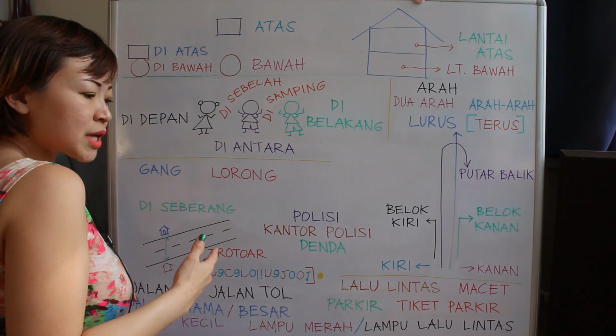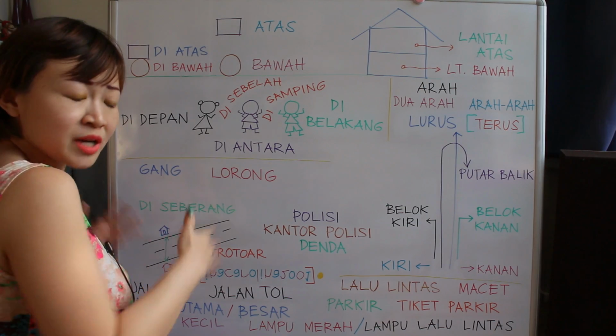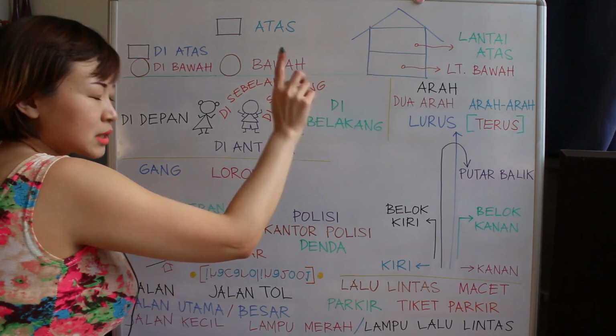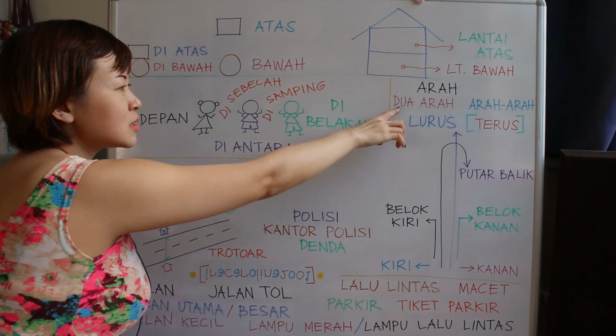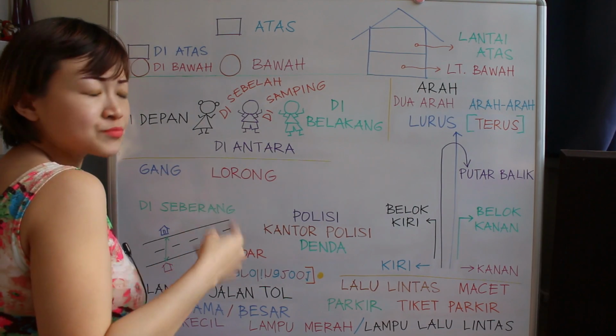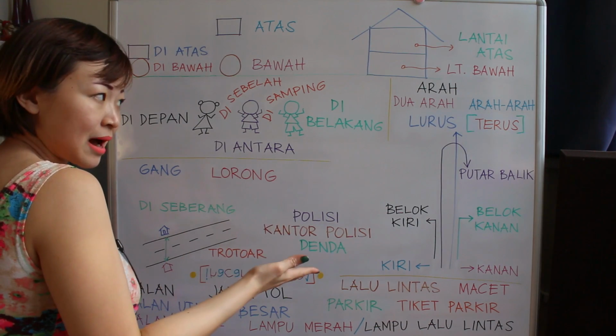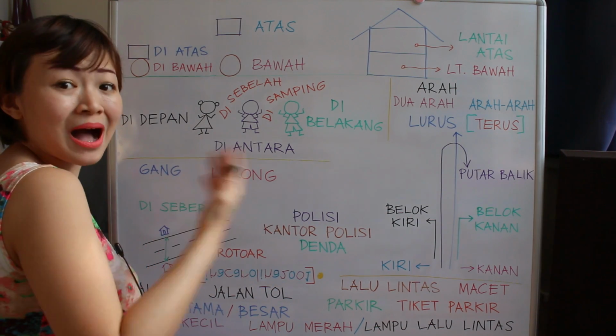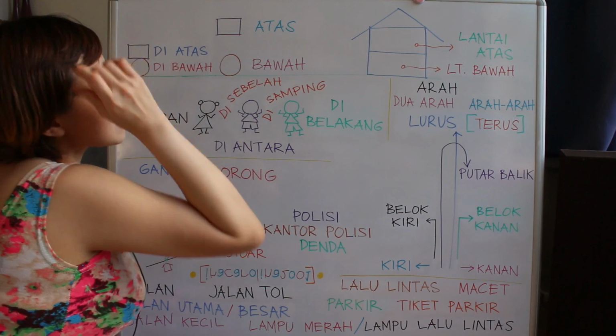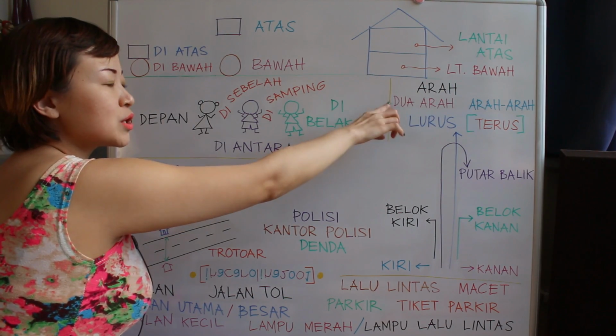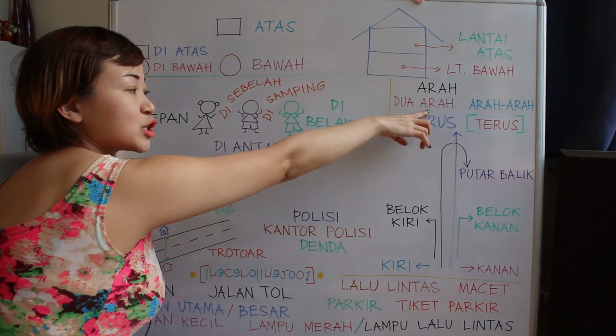But when you have to say it with a number in front of it, for example, dua, two, we don't say it as dua arah-arah, but we say it as dua arah. If there's a number in front, we use the singular version.